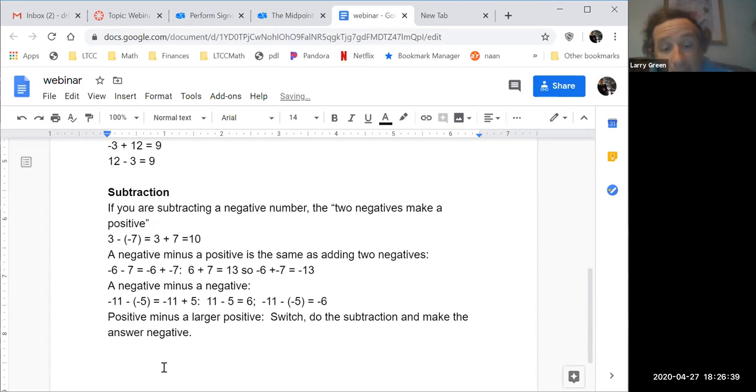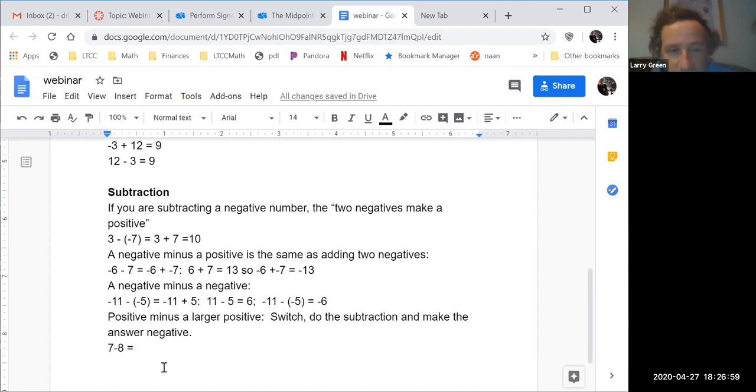So that would be something like, what if we had 7 minus 8? Let's see if you can tell me what you get based on the rules that I just wrote in. Good, good.